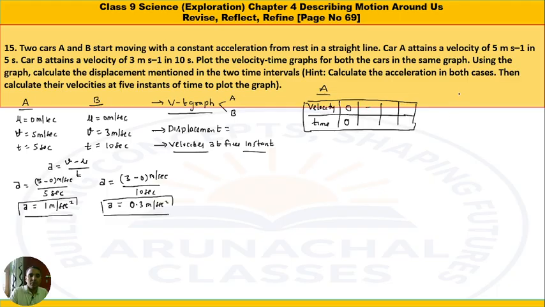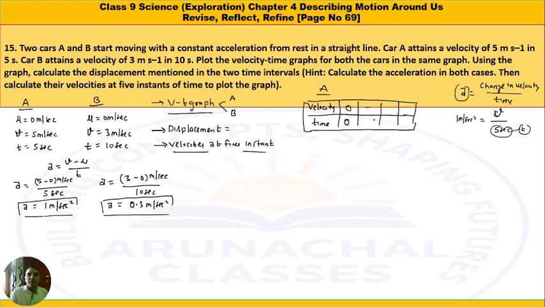What we know is that acceleration is change in velocity upon time. So for car A the acceleration is 1 meter per second square, and change in velocity we don't know. Time is given as 5 seconds. So 5 multiplied with 1. So time changes, so I'm taking t.